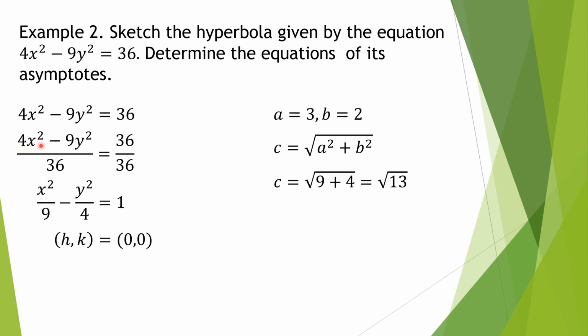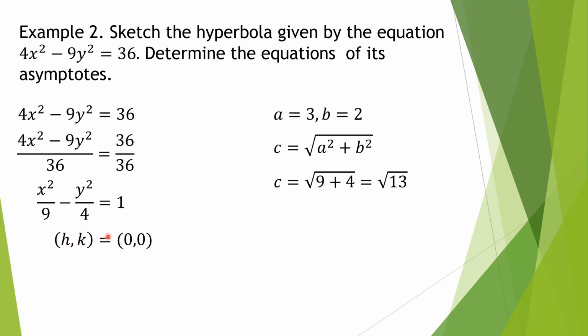So 4x squared over 36, simplifying to lowest terms, is x squared over 9, minus 9y squared over 36, that is y squared over 4, equals 36 divided by 36, that is 1.